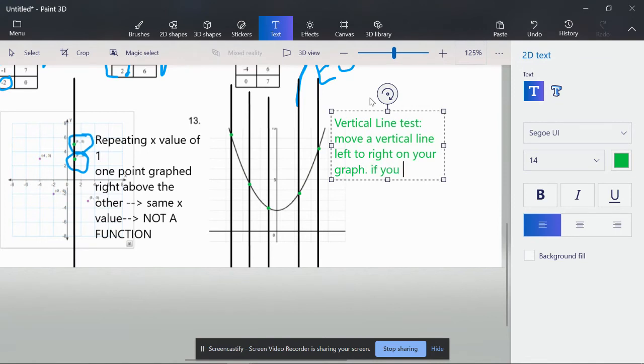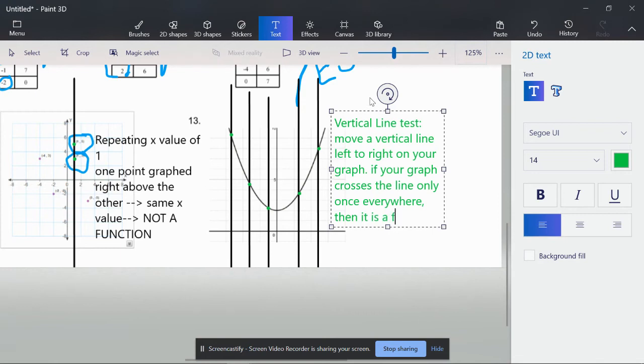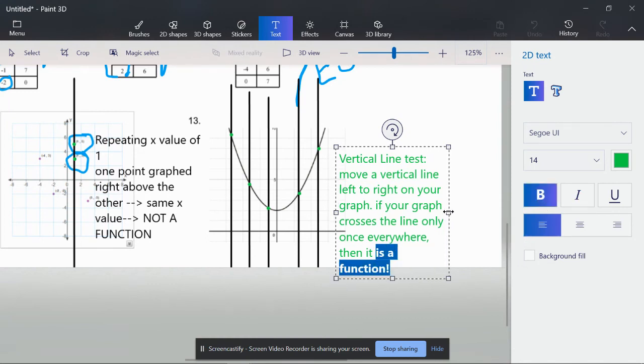If your graph crosses the line only once everywhere, then it is a function. So this is our main definition for the vertical line test. So for this one, we know that, yes, this curvy graph looks weird, but yes, it is a function.